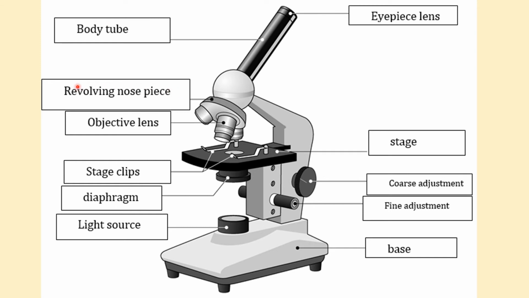And then you've got the revolving nose piece, which is a very strange name. On the revolving nose piece are all of your objective lenses. Then the diaphragm can be adjusted to adjust the amount of light that gets in, and you've got a light source. On this microscope and on the ones in school, the light source is a lamp, but sometimes it's a mirror, so don't be thrown off by that.